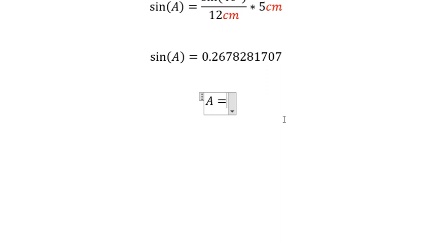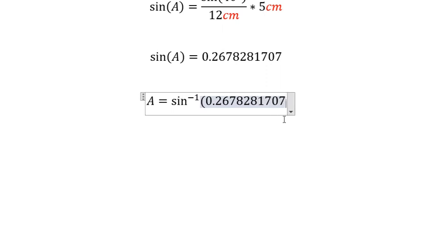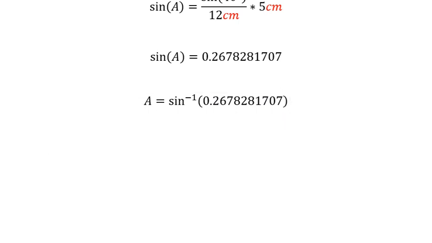So this will be sine to the power of minus 1 or arc sine of the value we got before, 0.26781707. Basically we can input this into our calculator and we will get the answer for the measurement of angle A. So A in this case will be equal to 15.54 degrees. So this will be our first answer.